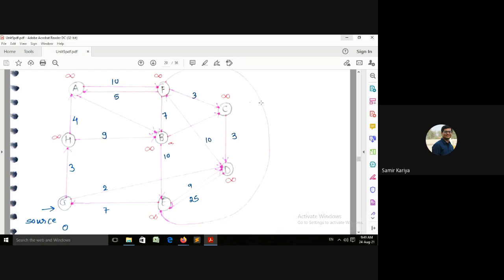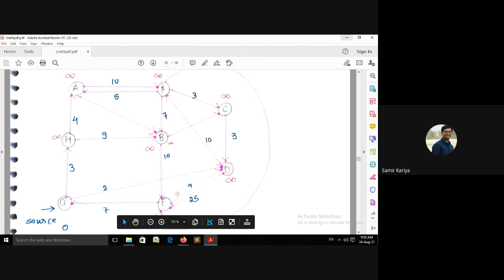That's our source. They have given the distances. For example, G to D, just show the arrow here, G is the starting dot and there is an arrow. So the G to D distance is 2. Similarly, G to H is 3. And E to G is 7.